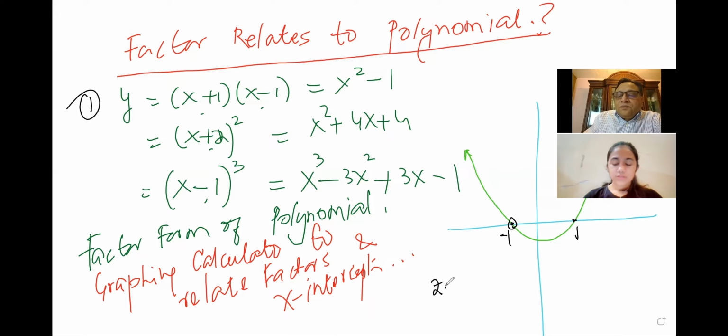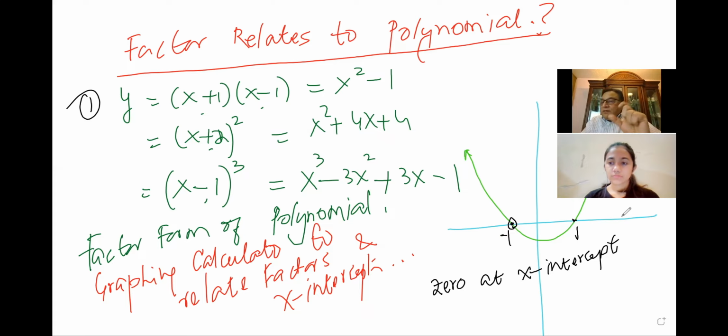So we have a 0 at the x-intercept. If I divide by that factor, you understand it is going to give me a remainder 0. In this equation, if I put x equals 1 or minus 1, I'll get a 0 for y, right?